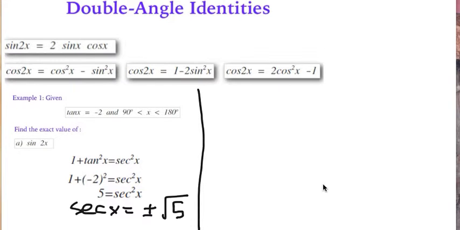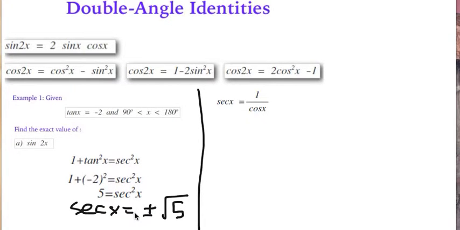You need to recall the relation between secant and cosine. Can you remember it? This is your relation: secant equals 1 over cosine. So secant and cosine are reciprocal. One of them is the reciprocal of the other.